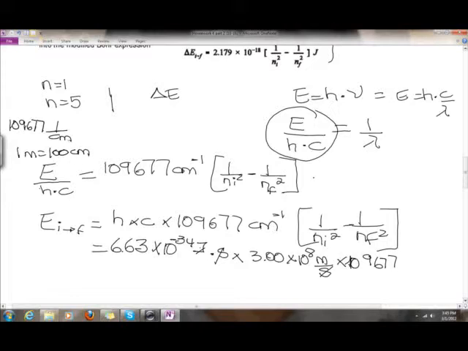And what do you want? You want the meter on the bottom, to cancel it out with the meter per second. So how do you do it? You would do it the opposite way because it's on the bottom. The desired unit has to be on the bottom, so 1 meter over 100 centimeters, and centimeters cancel out, and you would have 109,677 by 10 to the second, 1 over meter.